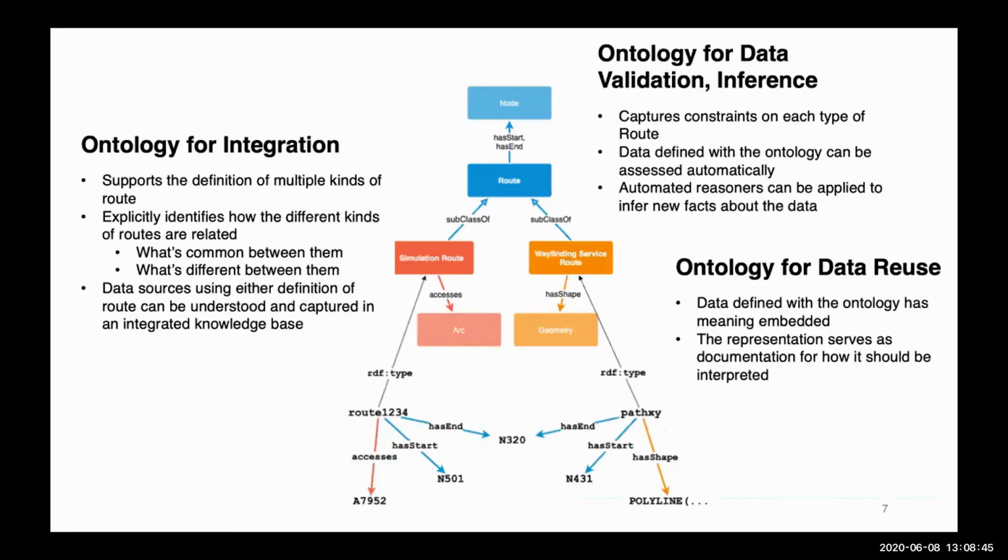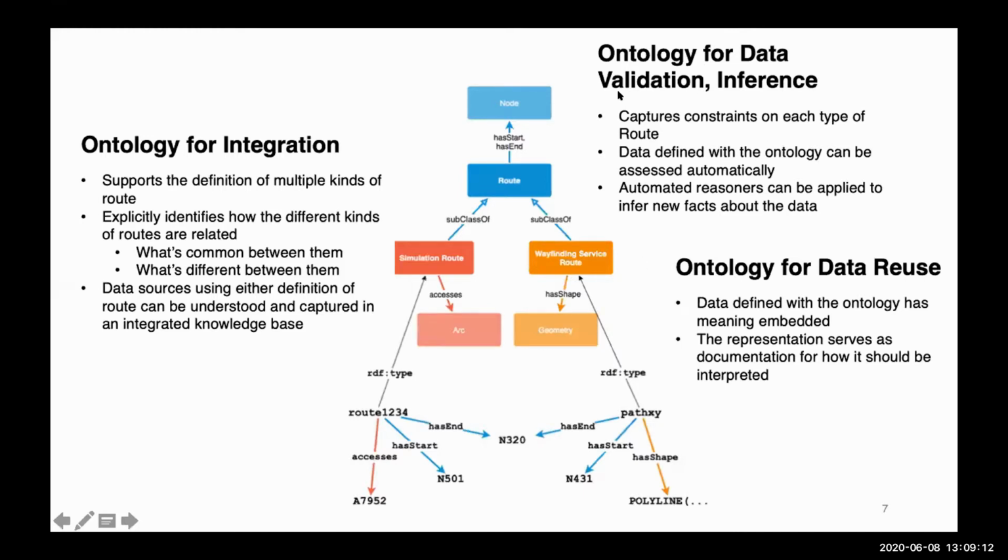Encoding the data in this way, we're able to capture different kinds of definitions of a route in this example, and we're also able to explicitly identify how different kinds of these concepts are related, what's common between them, what's different between them. This also means that data sources using either definition can be understood and captured in this sort of integrated knowledge base, which can then be queried in a federated way.